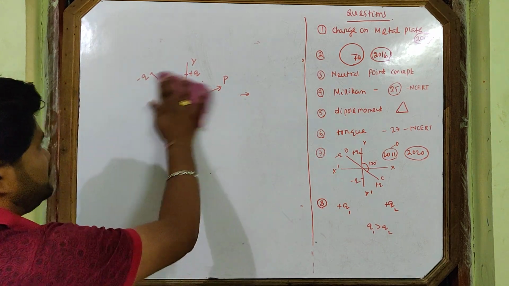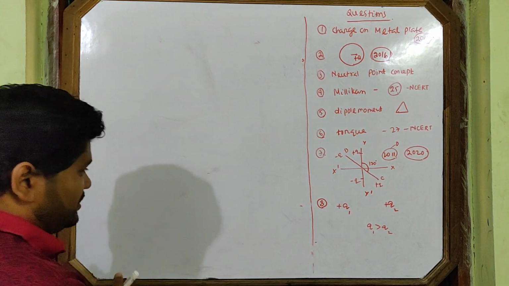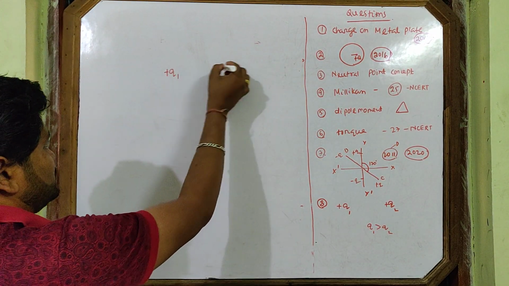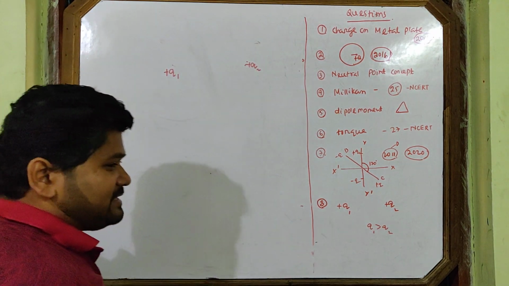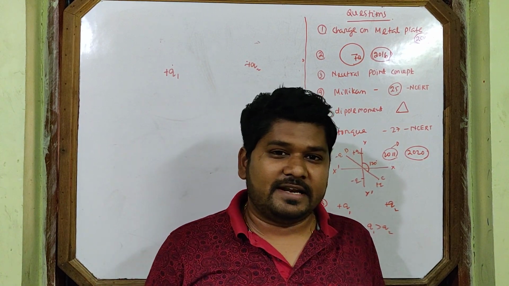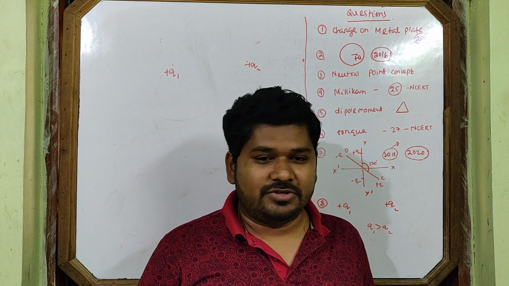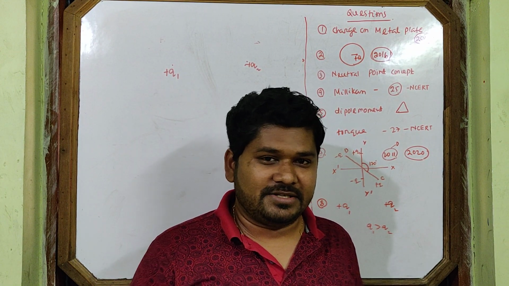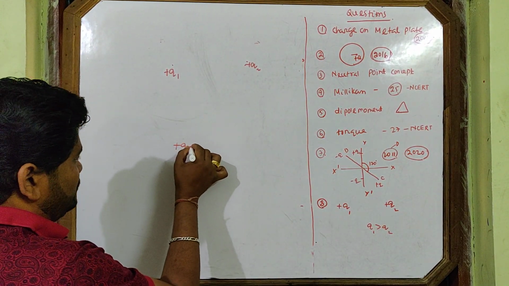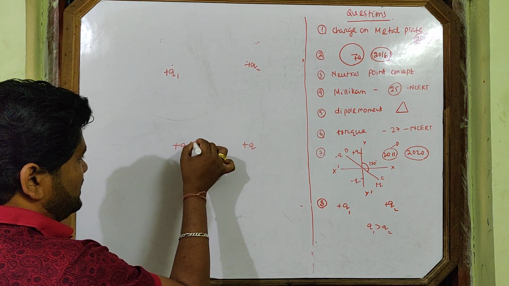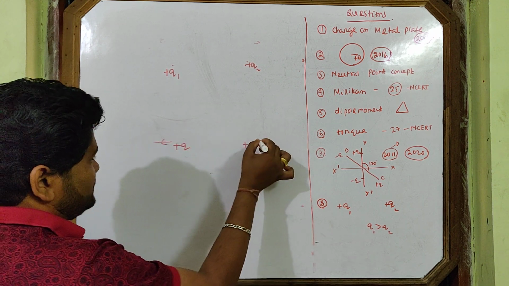Two charges are there, plus Q1 and plus Q2, but their magnitudes are not the same. Draw electric lines of force. A question will come like this. They are positive, and I have already shown you plus Q. Lines of force are like this.